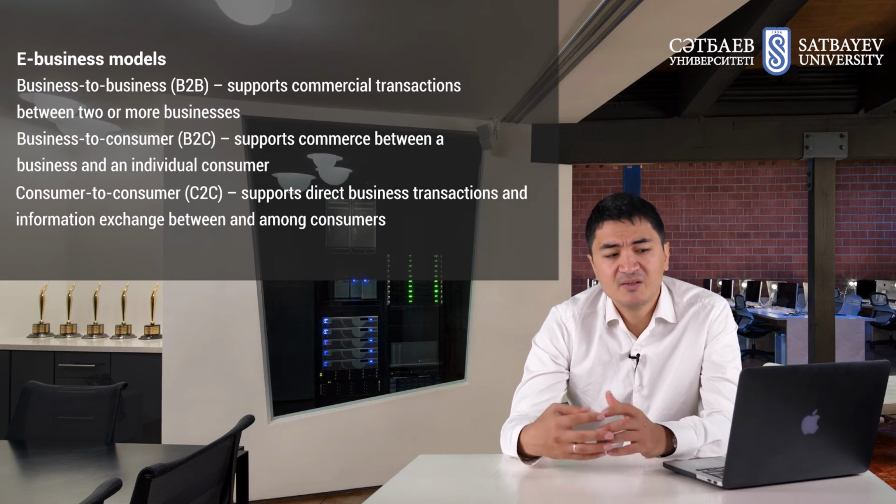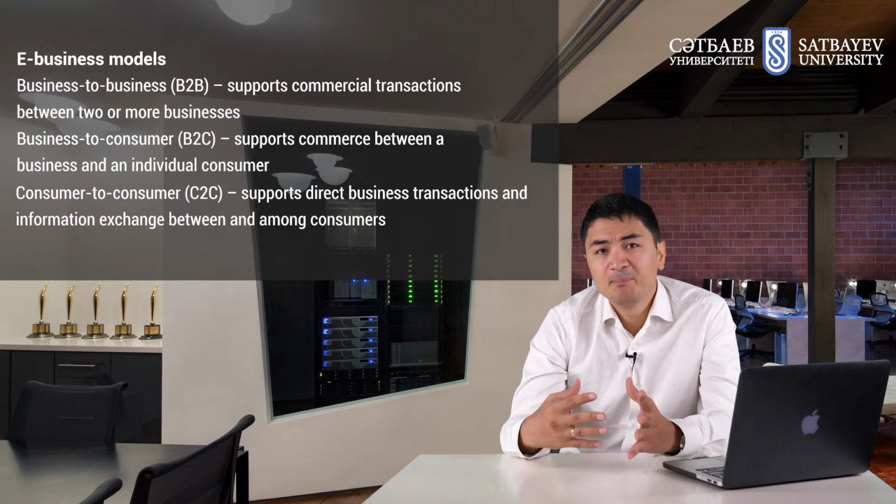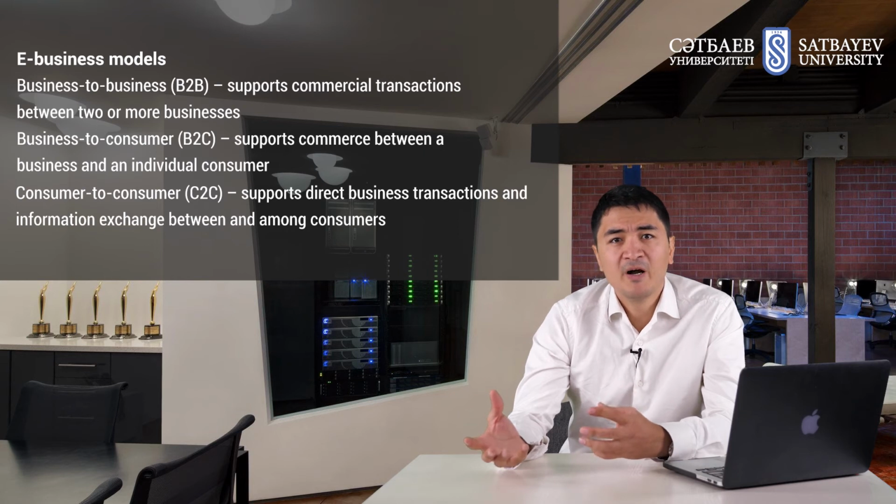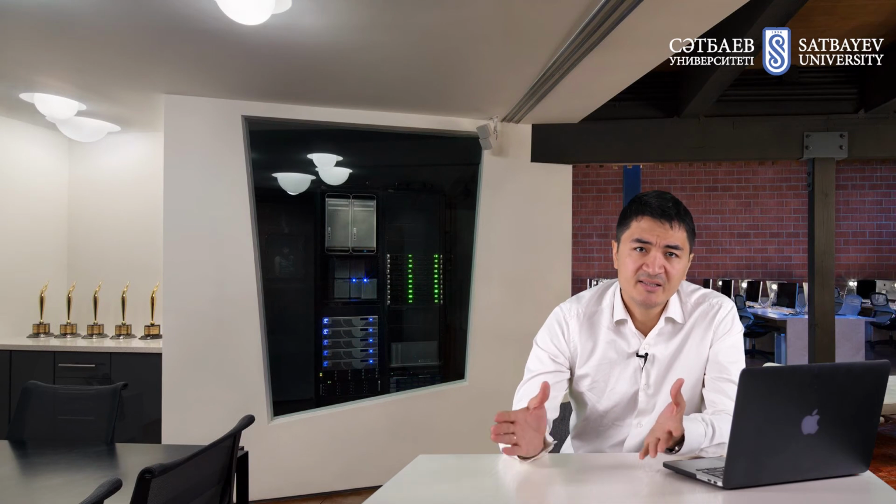E-business can be represented in three normal forms. Business to business, where two or more companies operate with each other to provide a better service for the final clients. Business to client is the approach where you produce an elementary base or function that is acceptable for final clients.